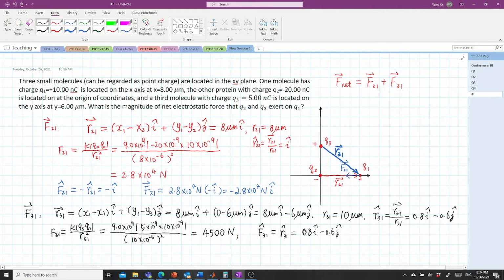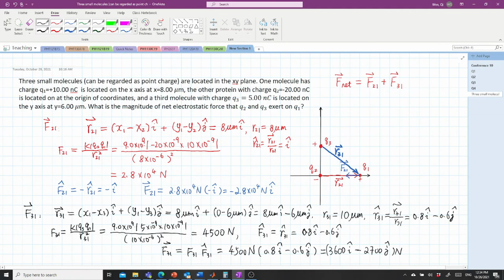Now the F31 vector should equal the magnitude of the force multiplied by its unit vector. That is 4,500 newtons multiplied by 0.8 i hat minus 0.6 j hat, which equals 3,600 i hat minus 2,700 j hat, in newtons.